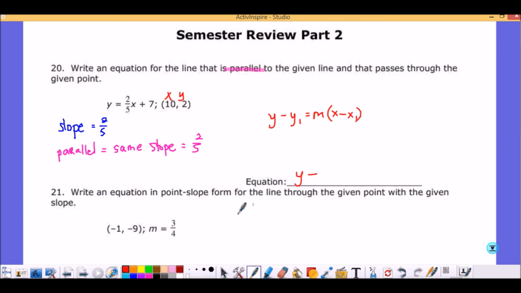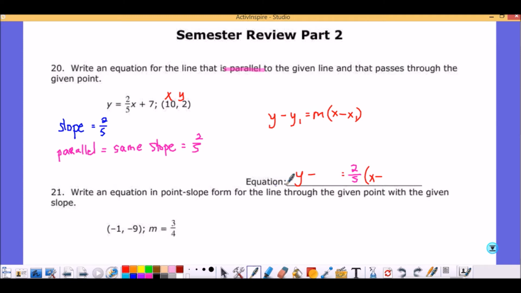Y minus, my x value is 10. And then I'm going to keep copying the problem down. And my slope is 2 over 5. So 2/5. Now I'm going to keep copying the problem down. And then x minus, and my y value here should have been 2.